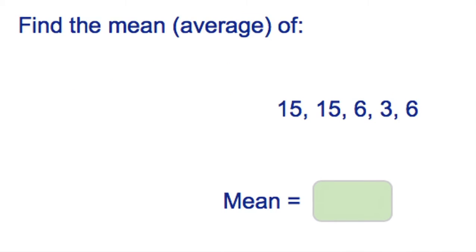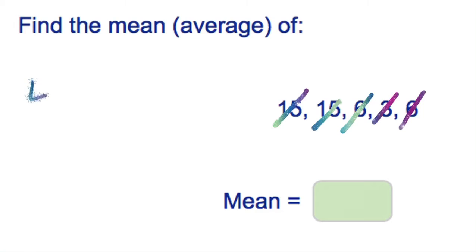Okay, another example. Find the mean of 15, 15, 6, 3, 6. So let's total them. 15 and 15 is 30. Plus 6, 36. Plus 6, 42. Plus 3, 45.